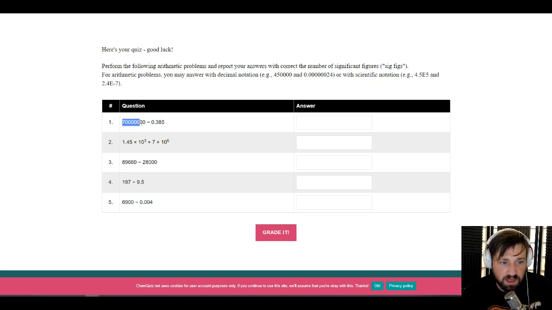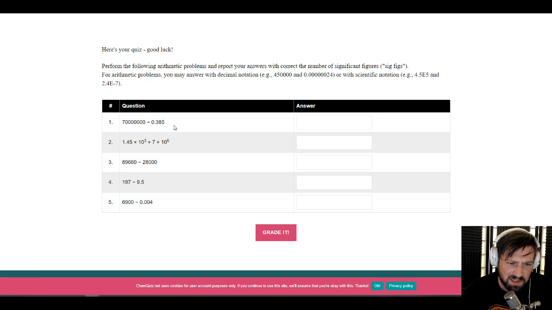Based on the sig figs of this, I can't tell if it's 70 million and 1 pounds or 69,999,999 pounds. It could be in between there. In fact, I don't know if it's 71 million pounds or 69 million pounds. I'm not sure about that.